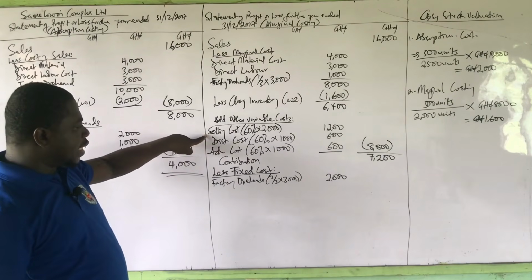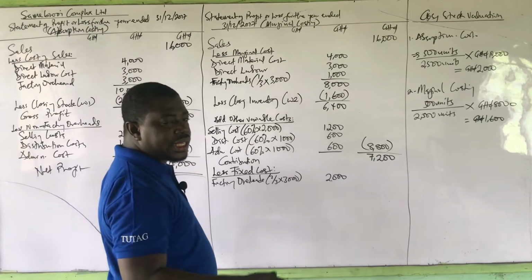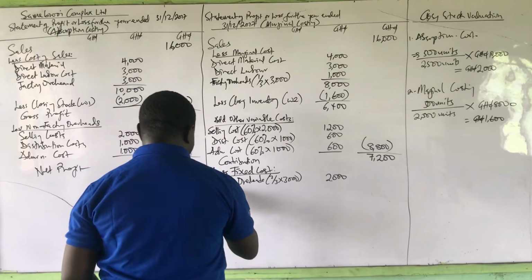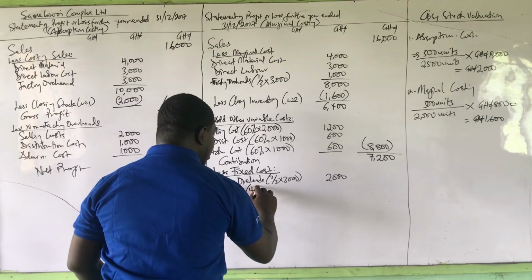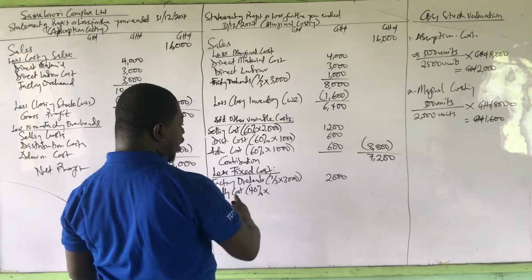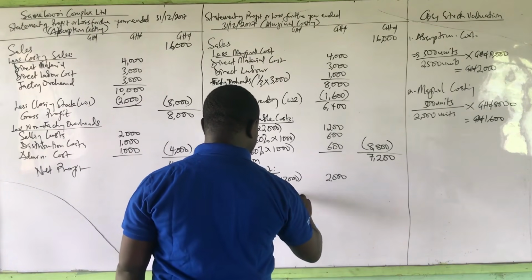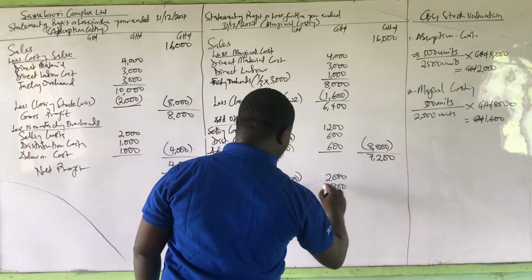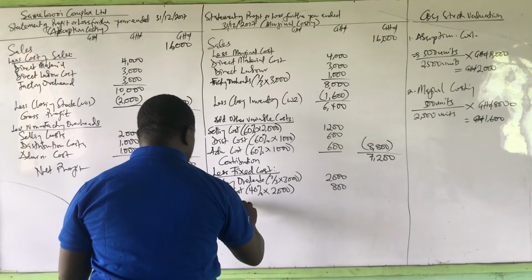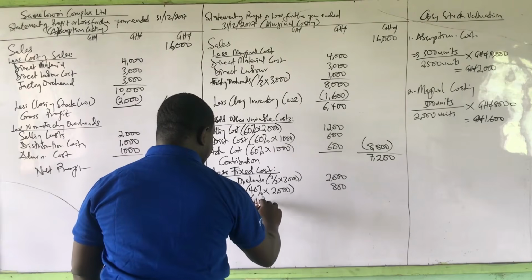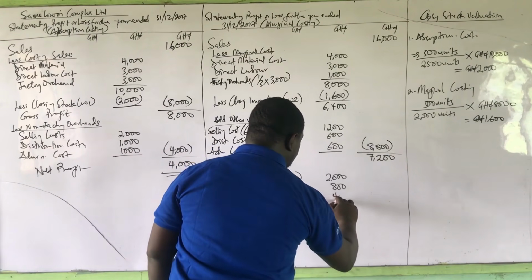And then also this selling, distribution and administrative costs also have their fixed components. According to the question, they are 40% each. So selling cost will be 40%. You can calculate it in bracket like that. 40% of 2,000 Ghana cedis, giving you 800 Ghana cedis. Then you have distribution cost to be 40% of 1,000, which is also 400.